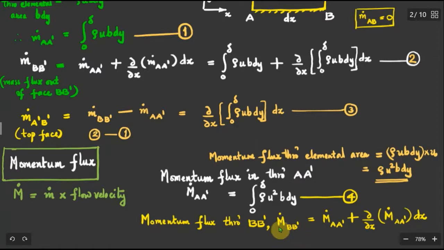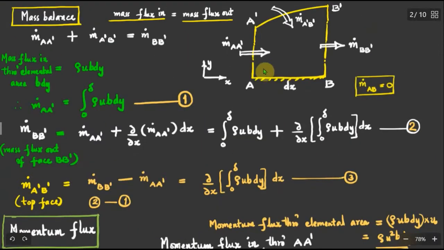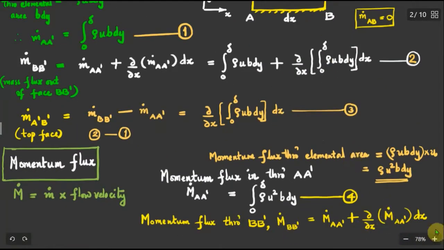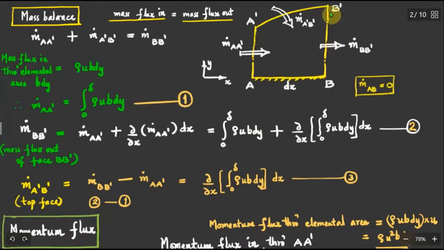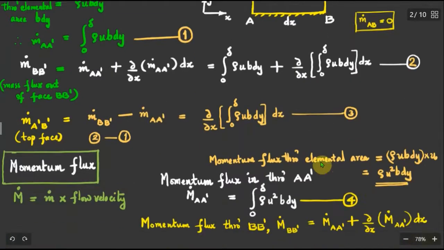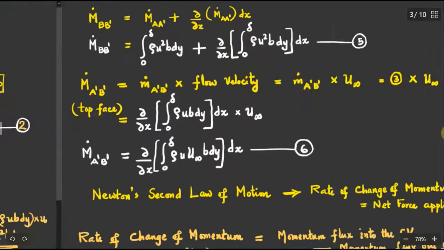So momentum flux through B dash will be equal to momentum flux through A dash, that left side face, plus the incremental change over the distance dx. If you add the two, then you will get the momentum flux through the right side face B dash.